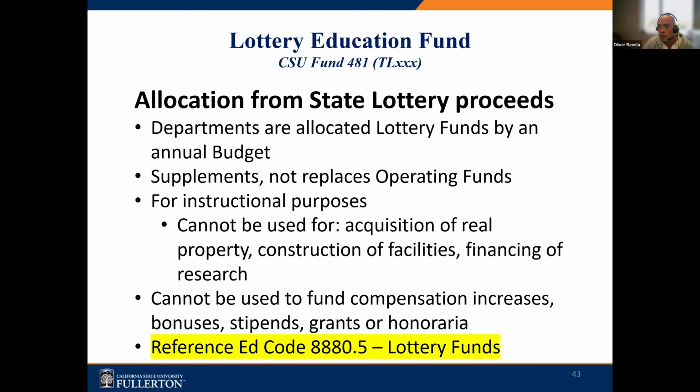Lottery is a supplementary allocation from proceeds from the state's lottery program. These are small allocations, roughly for our campus, between $3 and $4 million each year, to supplement our own existing operations.